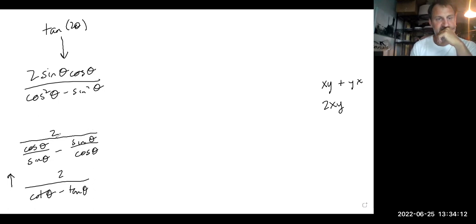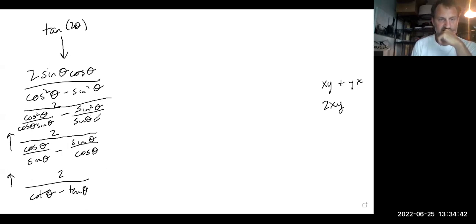What if I got a common denominator? So what if this was 2 over cosine squared theta over cosine theta sine theta minus sine squared theta over sine theta cosine theta.